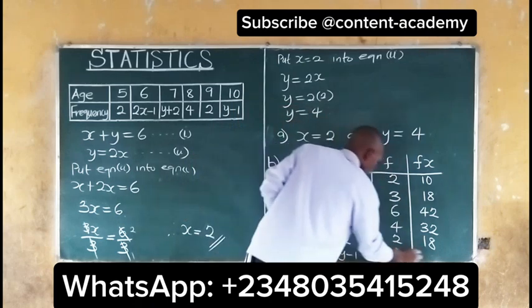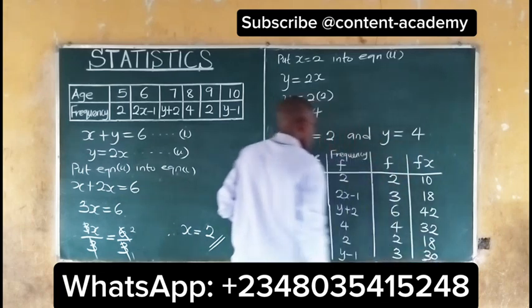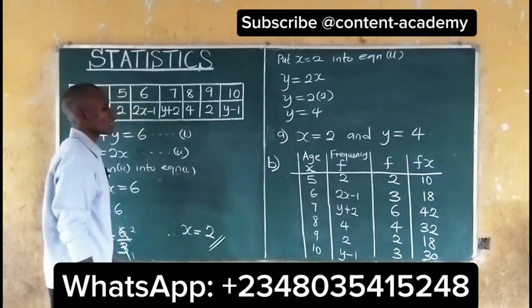And 10 multiplied by 3 is 30. So this is our table.